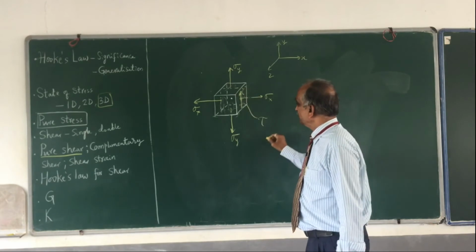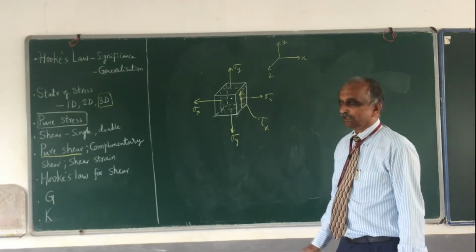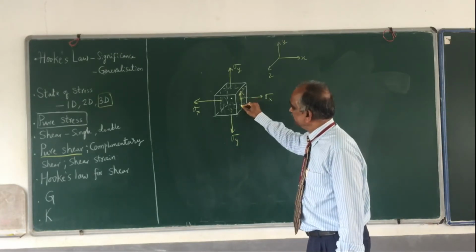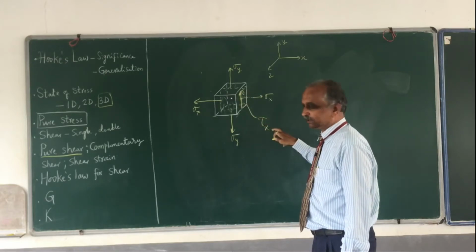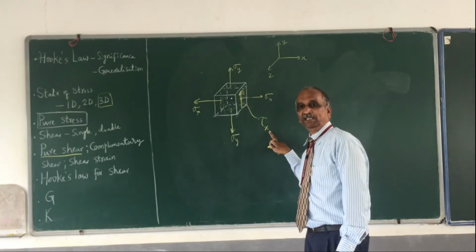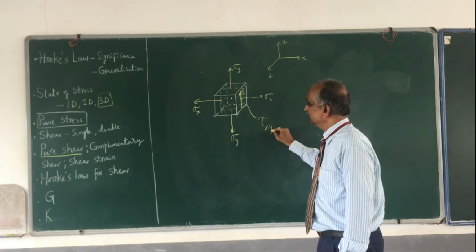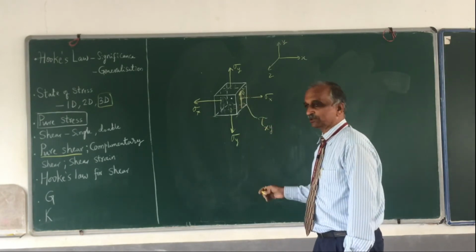This plane is perpendicular to the x-axis, so I have one suffix. And acting in what direction? It is acting on a plane perpendicular to the x-axis and acting in the direction of the y-axis. This I call tau xy.